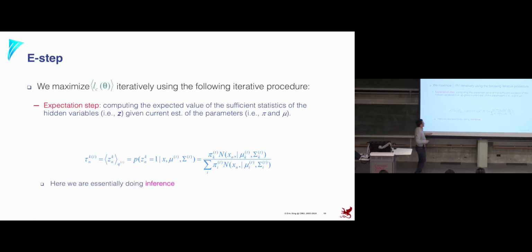And so the soft assignment is this. This is how we compute the soft assignment. It's literally the conditional probability of a particular assignment given the center and the covariance of that particular cluster. And here, literally, we are doing inference. We are trying to compute the probability of a hidden random variable given the observed. That's what we did in the last class.